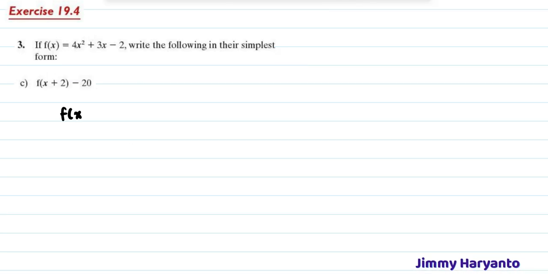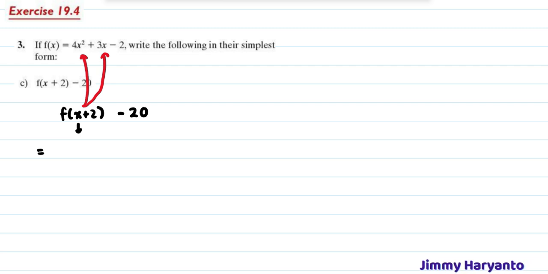Okay, the next is question 3c. The question wants you to find f(x plus 2) and then negative 20. Let's find this one first. So what you do is input the x plus 2 into the f(x). So you will have 4, and then you input the x plus 2 into the x, and then we have square plus 3 times the x one more time.